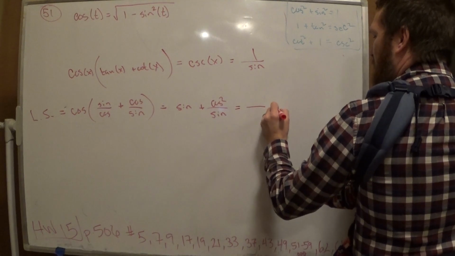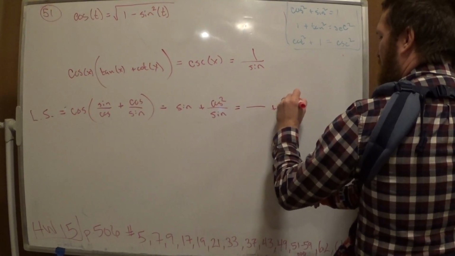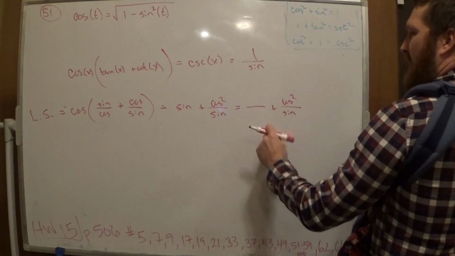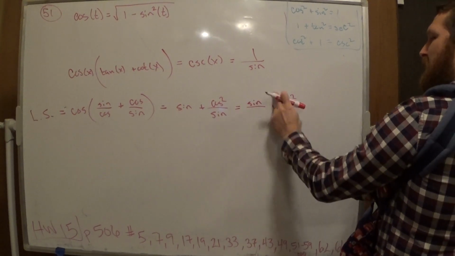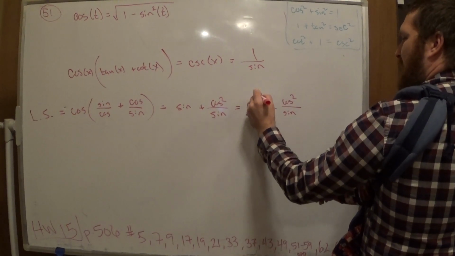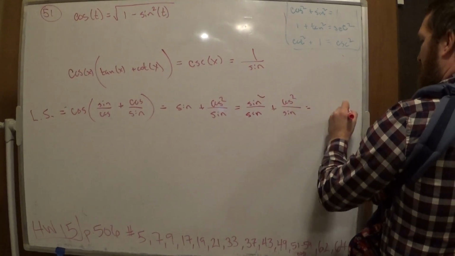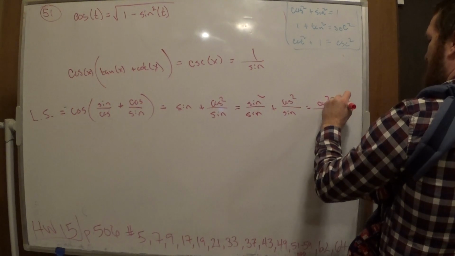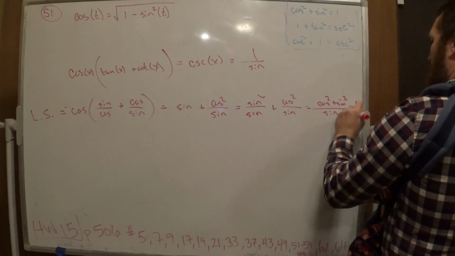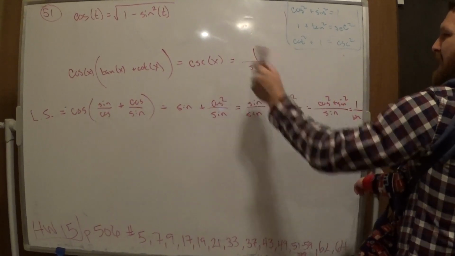I have cosine squared over sine. I have a sine in the numerator and need a sine in the denominator, so I'm going to multiply top and bottom by sine. That makes that guy sine squared over sine, and cosine squared plus sine squared is 1. 1 over sine squared is that.